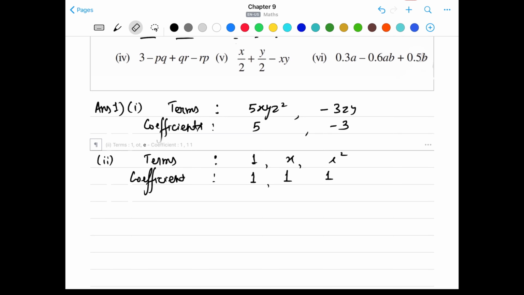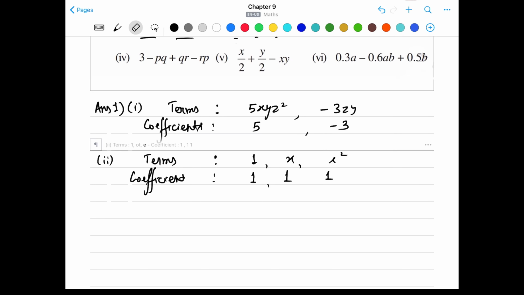Now the coefficient of these will be, okay, the numerical value multiplied to x here is 1 by 2. Similarly the numerical value multiplied to y is again 1 by 2, and the coefficient of this term is minus 1. Since there is no number, we take it as 1. Okay, and you will always use the sign given. Since here we have positive, we are not indicating the positive sign, but you have to indicate the negative sign whenever there is a negative sign.